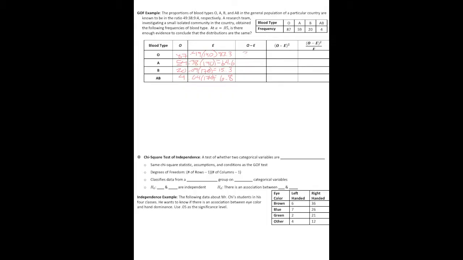Okay, now that we have our observed and our expected, we can move on to the next step, which is finding our residuals, observed minus expected. So you'll take 87 minus 83.3 and 59 minus 64.6 to end up with those values. We'll get 3.7, negative 5.6, 4.7, the next step is to square them so that they're all positive.